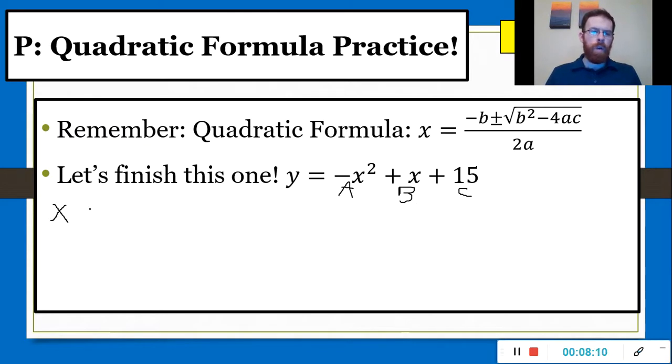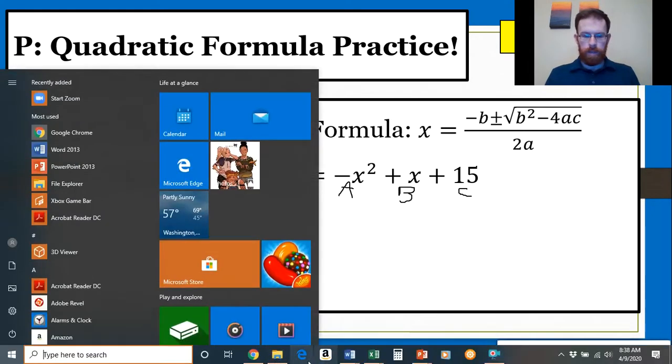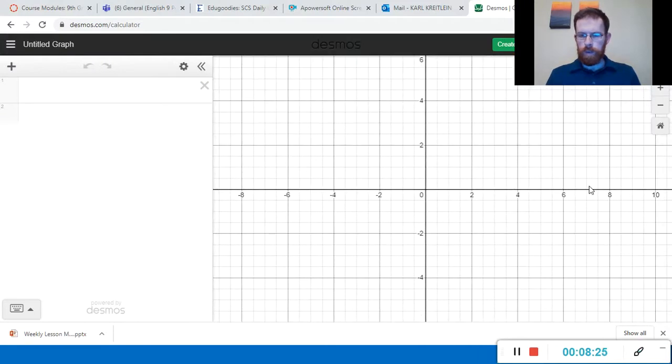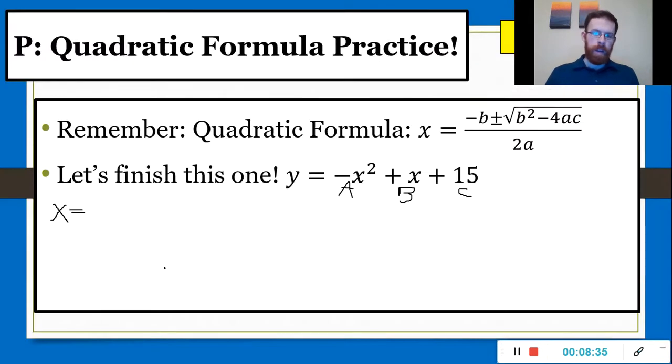My x-intercept, or my x, remember your x-intercept is your x value where it crosses the x-axis, which is this. This horizontal line is your x-axis. So when you're trying to find an x-intercept, or a 0, or a root, you're just trying to find the specific part where it crosses the x-axis.